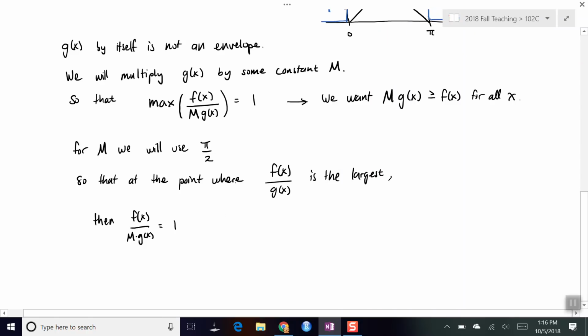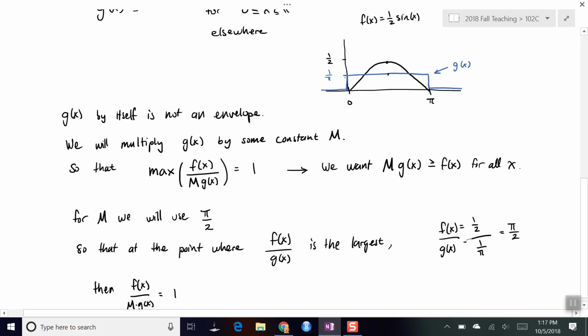Because at the point where f of x divided by g of x is the maximum, f of x takes on the value 1/2, and g of x takes on the value 1 over pi. So we find this, and this becomes pi over 2, and so when we include this factor m, this ratio will become 1.